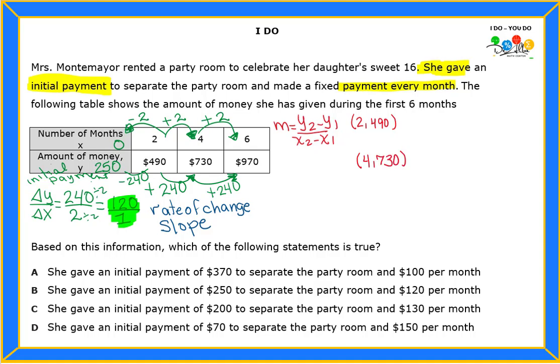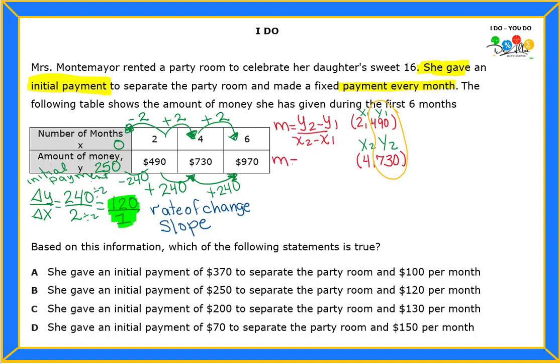Okay? So my values here will be x and y. The first one will be x sub 1, y sub 1. The second one will be x sub 2 and y sub 2. Okay, very good. We're going to circle my y values, because remember, those are the values that go on the numerator.